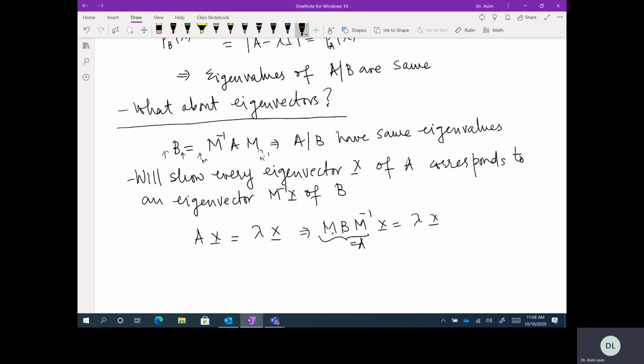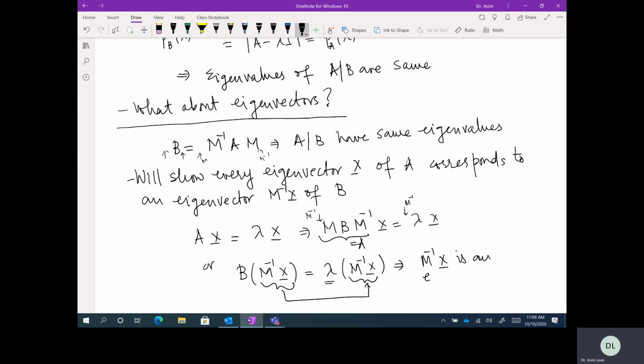Because this is A. So if I multiply M inverse on this side, this means I multiply M inverse on this side, or B times M inverse X equals lambda times M inverse X. So this is a vector scaled version here. So this implies M inverse X is an eigenvector of B, okay, with the same eigenvalue.